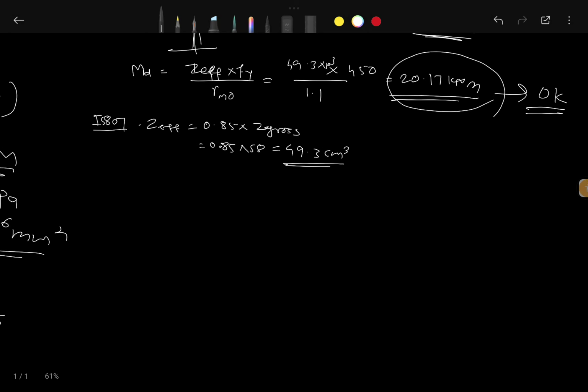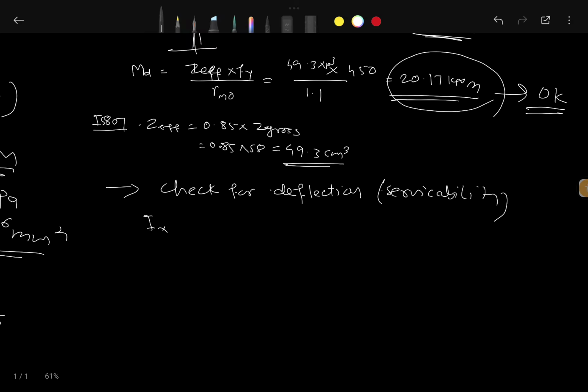Now let's check for deflection, that is serviceability. For serviceability load, Ixx is equal to 5.8 into 10 to the power 6 mm raised to 4.